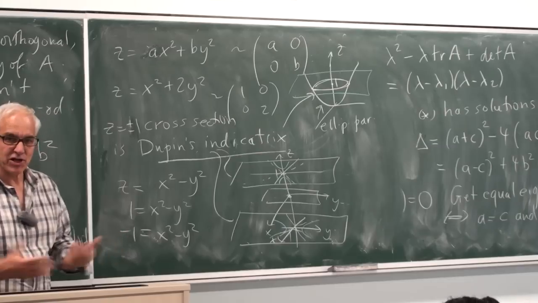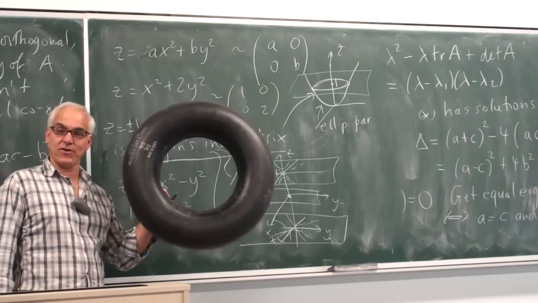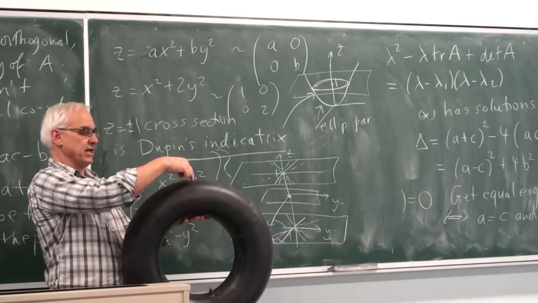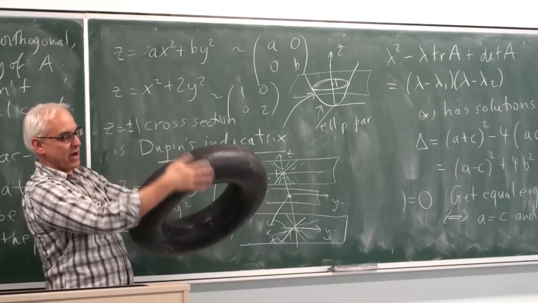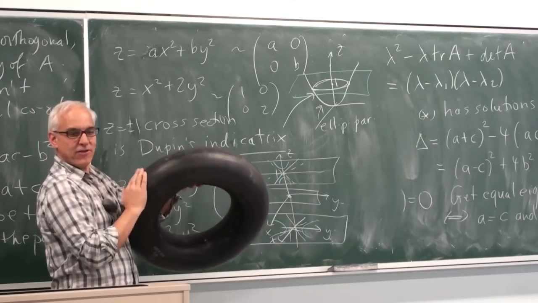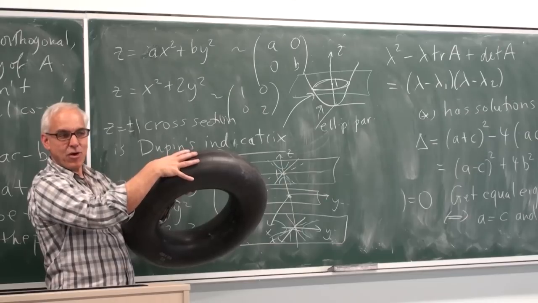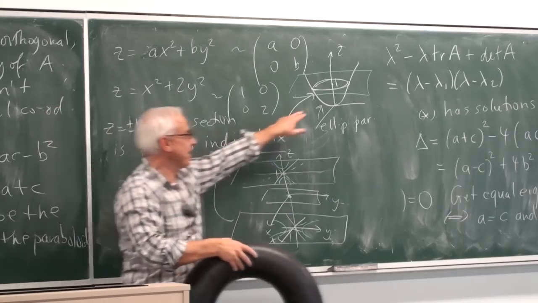And a lot of the richness of differential geometry comes about by the fact that when we're estimating surfaces, we have to consider not just, maybe here's the easiest one. If you're approximating this surface at this point here, then in this direction it bends this way, and in this direction it bends this way. So right at this point here, the approximating quadratic is an elliptic paraboloid. It's one that looks like this.